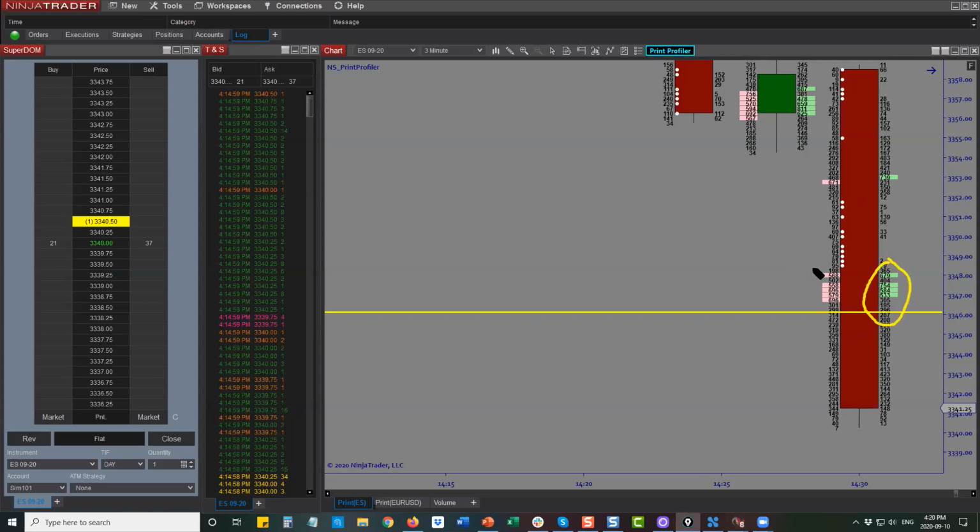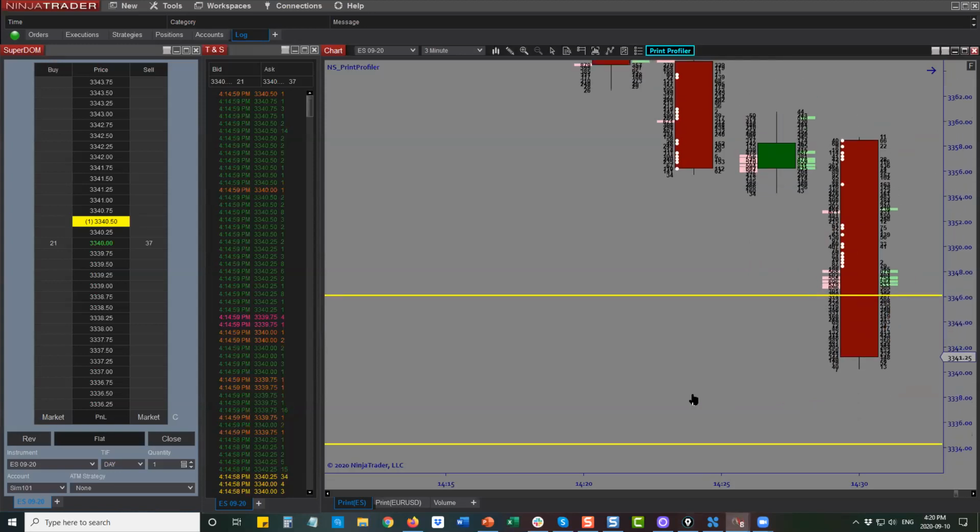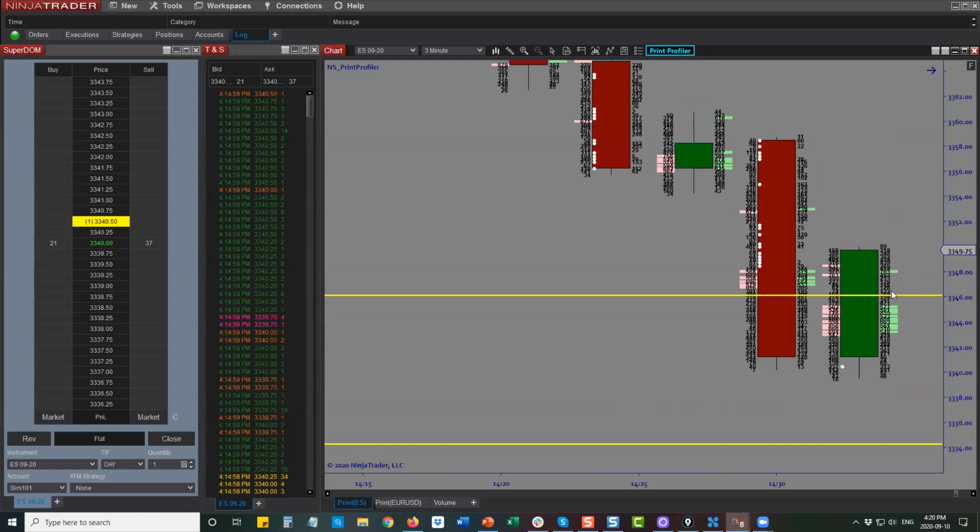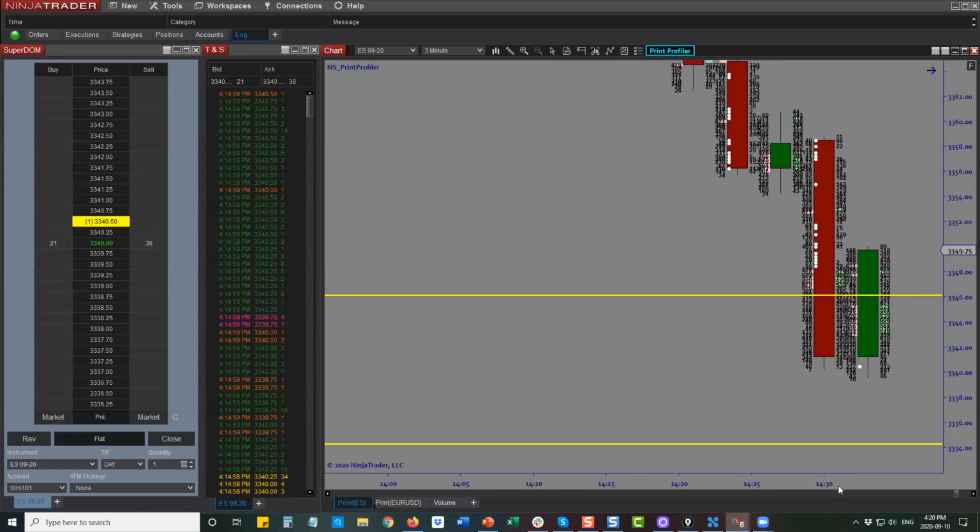I would not be putting it in as this was coming down. I would not be putting it in as they're overshooting it. I would be putting it in as soon as this started to happen, because that's when I can start to see the absorption taking place in the market. And then you can see where the buying starts to actually take place.